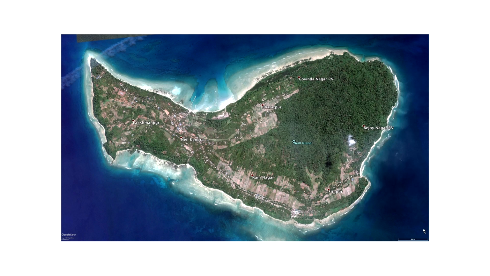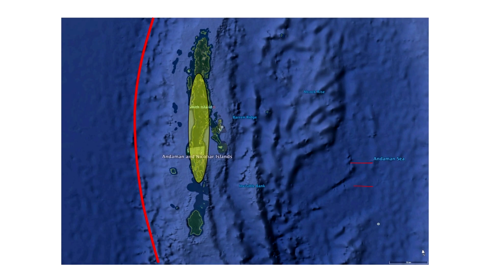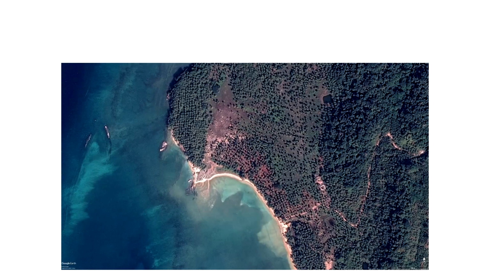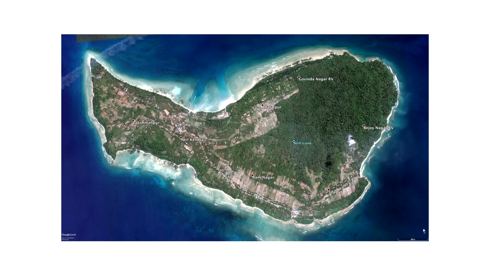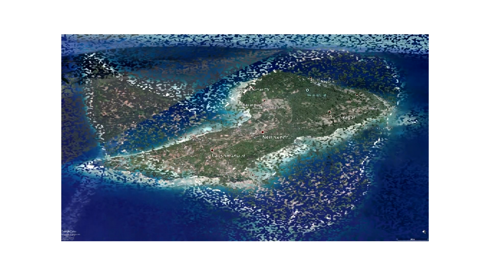So, this is Neil Island. I will just show you the location of this. Okay. So, this is Neil Island, okay, which is on the back arc area. Now, in this portion, what we were able to pick up was multiple sea notches, but we will just look at the example here and then move ahead.